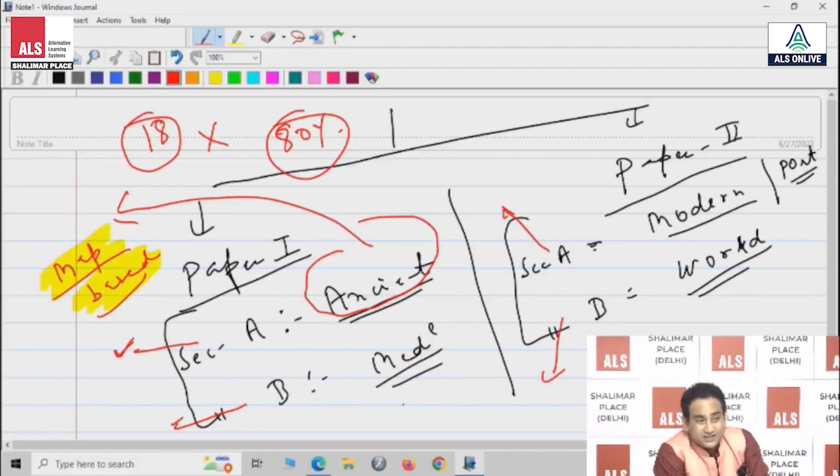So the real challenge for us would be to prepare question number 1 of ancient and question number 1 of medieval India. How can you do it? You can do it by regular practice and by covering the entire syllabus. Suppose the old teachers, what they used to do, they were only teaching popular areas in the class.